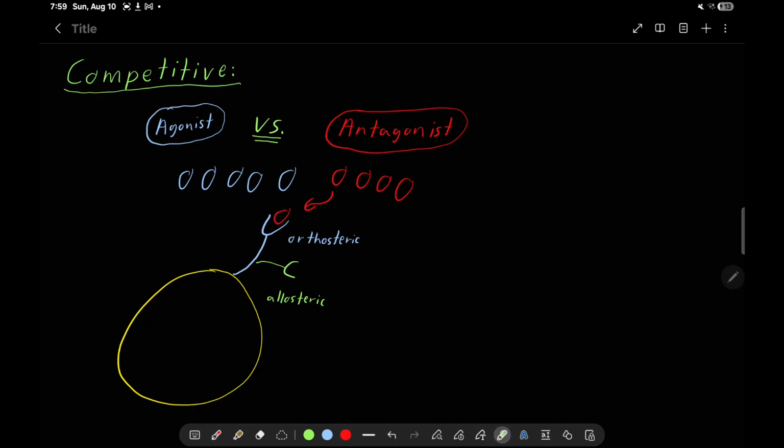Now it's blocked. So your agonist cannot bind onto it until this antagonist leaves, and then the site is free again for the agonist to come and bind. So they have to take turns, they have to compete against each other. So this lowers the response that is produced compared to if you just had agonist alone without any antagonist.